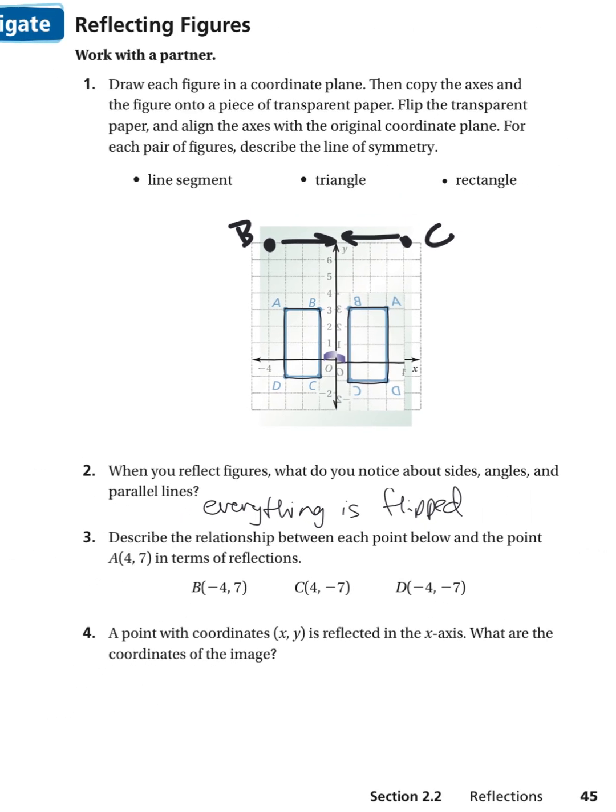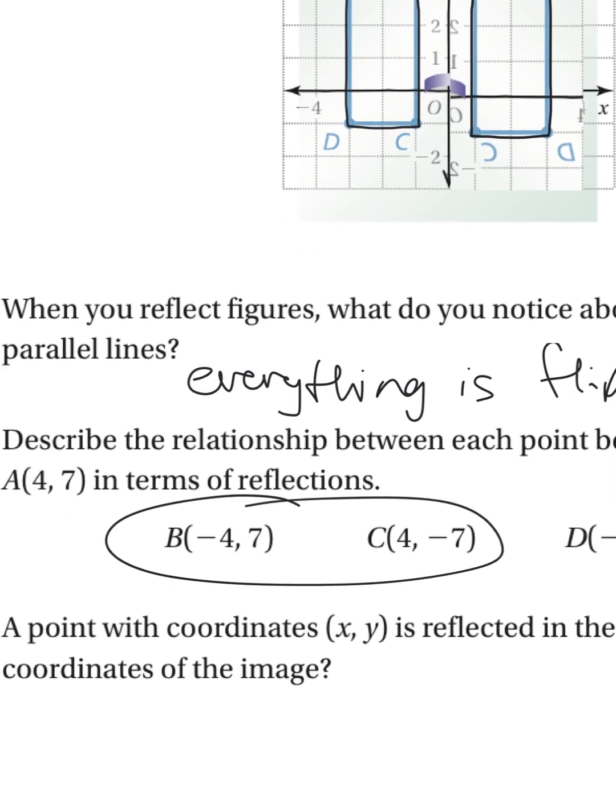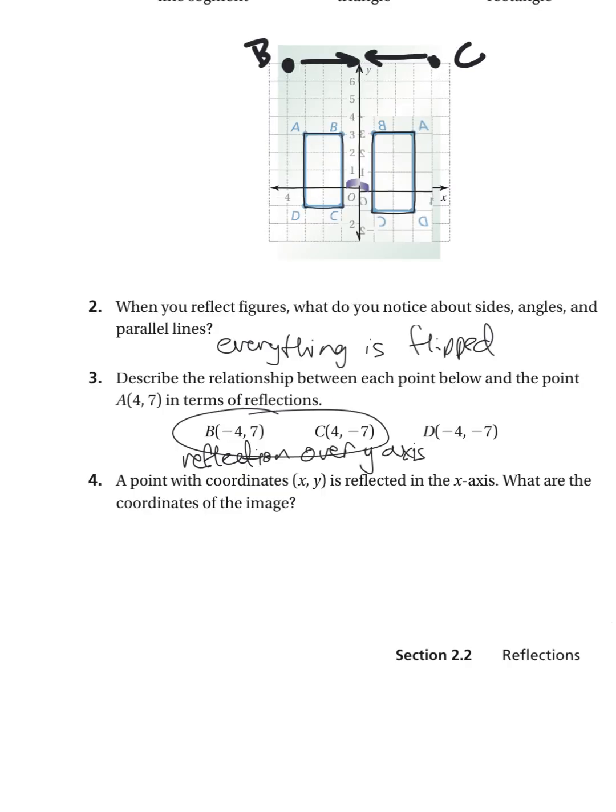And then if D is at -4, -7, we can't see that on this graph, but that would be a reflection over the x-axis. We're going to write that in here. We're going to say reflection over y-axis.